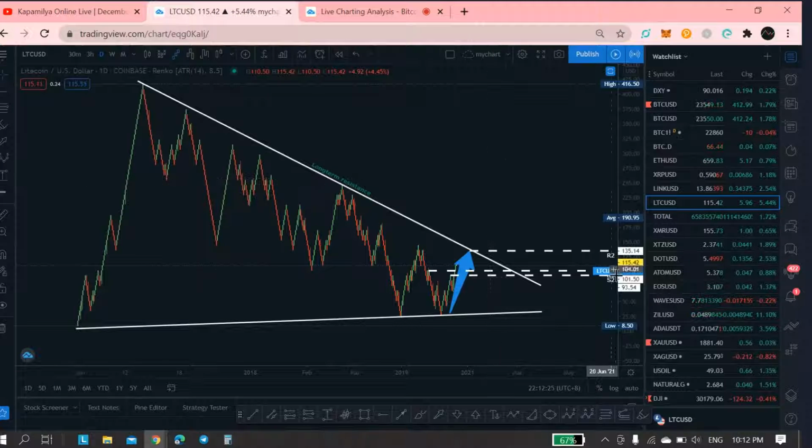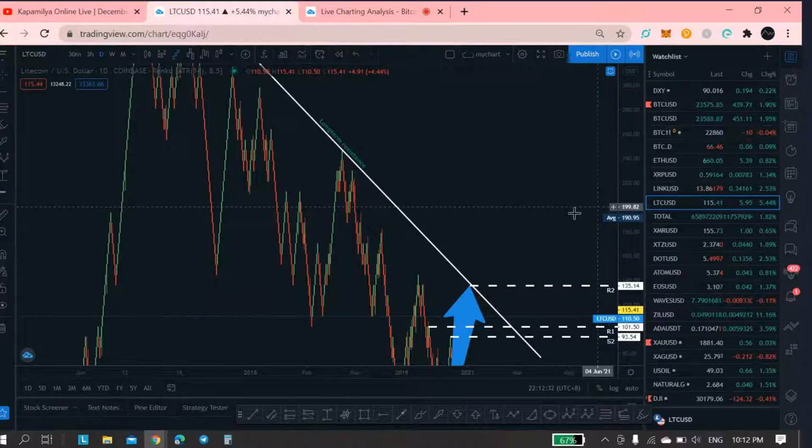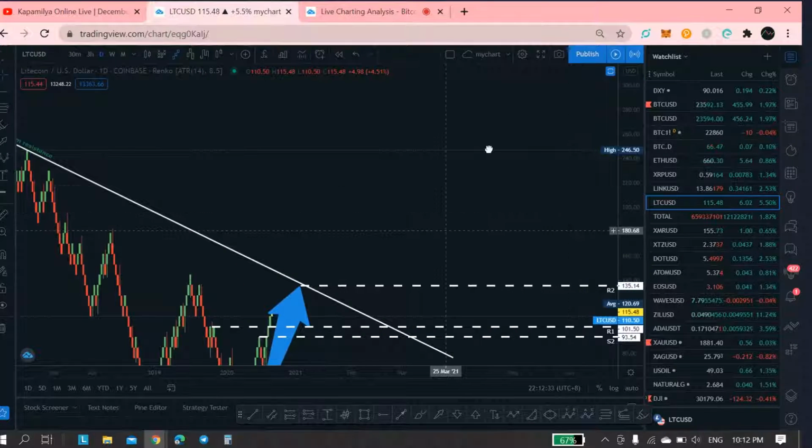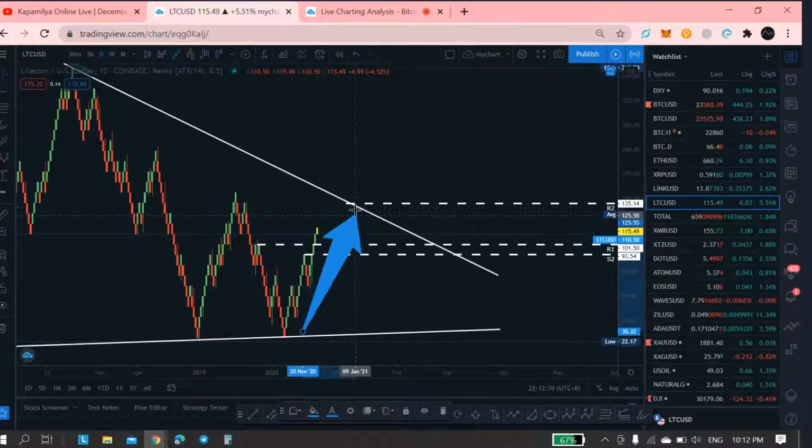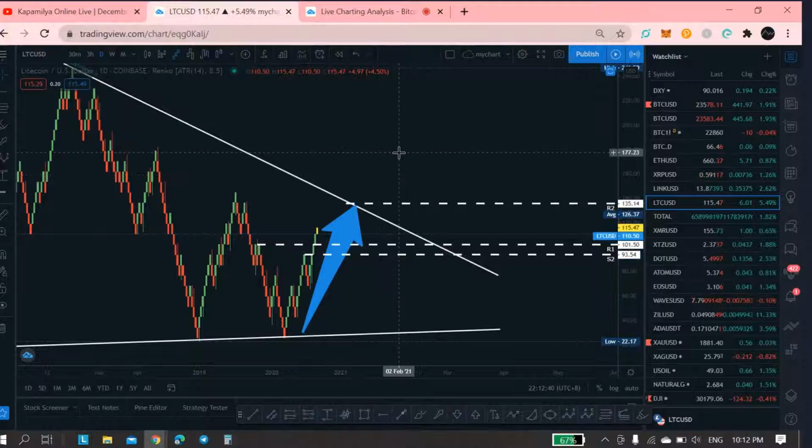And since it's currently forming a possible bullish Renko bar, we can actually make it bigger.